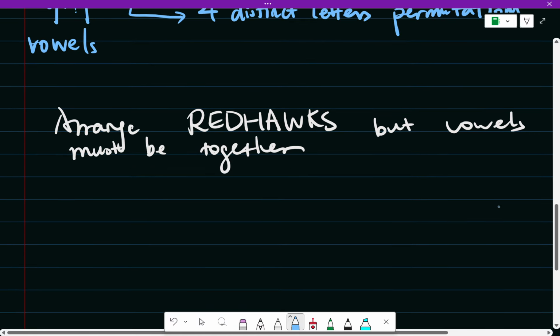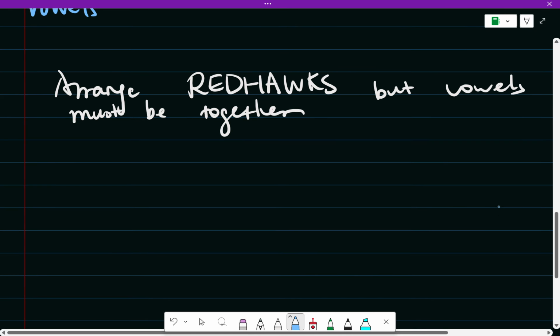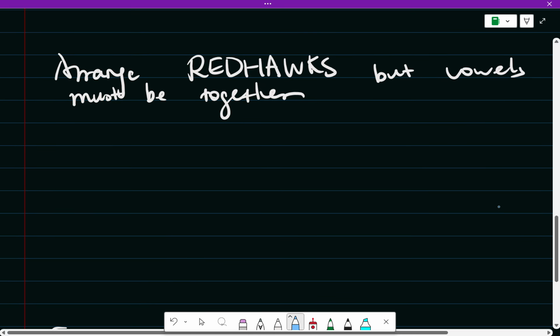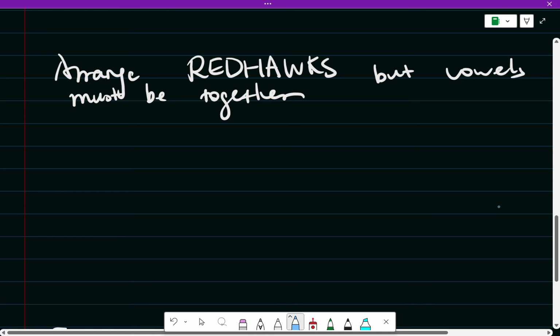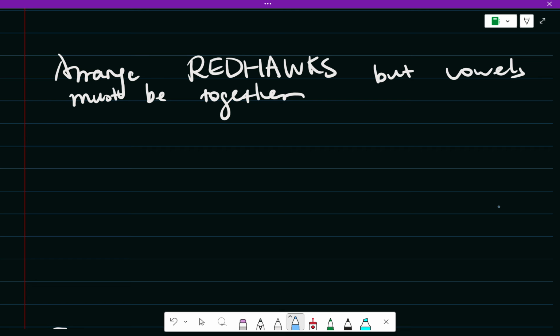Next is another commonly appearing restriction for word problems or any other kind of combinatorics questions, which is the bundle question. So we're trying to bind some items together in all the permutations. So we are arranging the word red hawks, but vowels must be together.